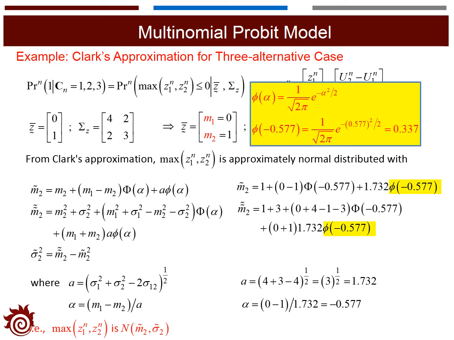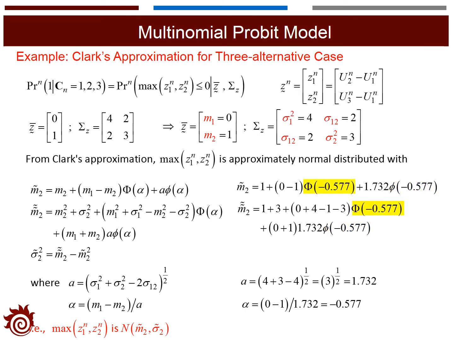And similarly, we can find out the value of phi alpha, which is 0.337. That comes from the definition of the standard normal distribution. And the value of capital phi alpha could be determined through the table of the standard normal probability.